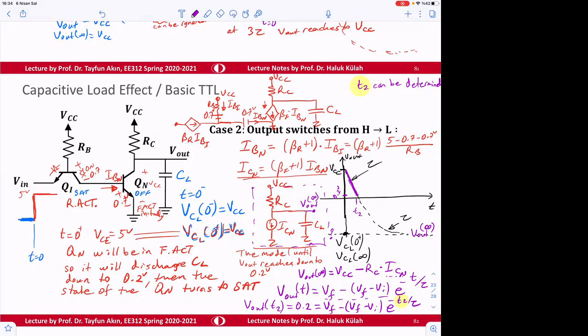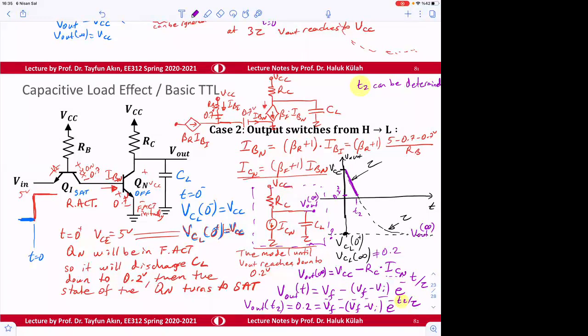Okay, so this is the most confusing thing in this timing analysis. It's actually very simple, but students always take CL infinity as 0.2, and that's not correct. That's the critical thing.